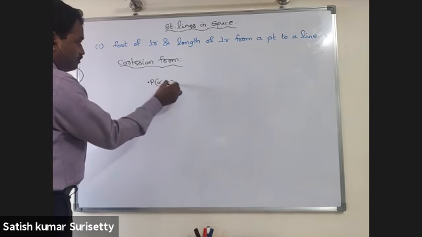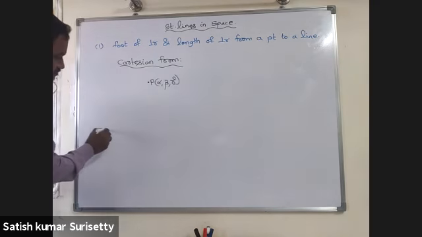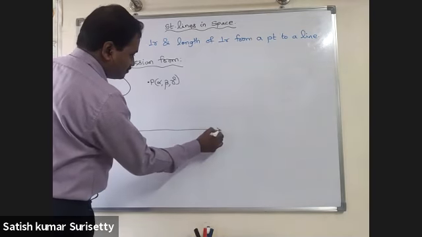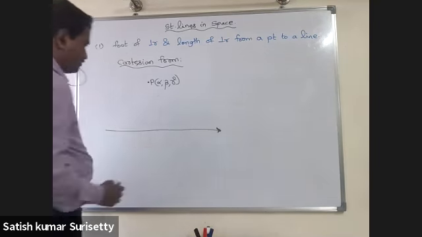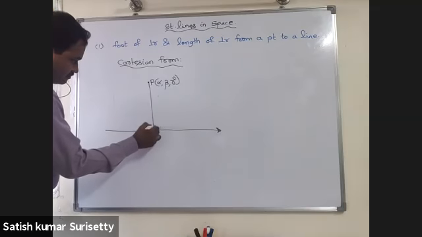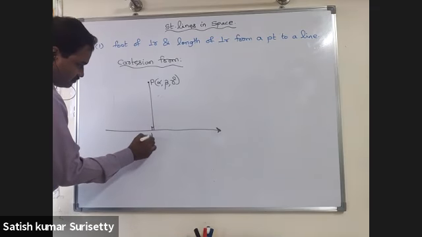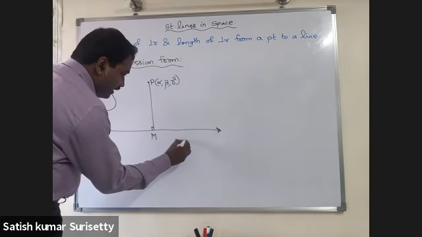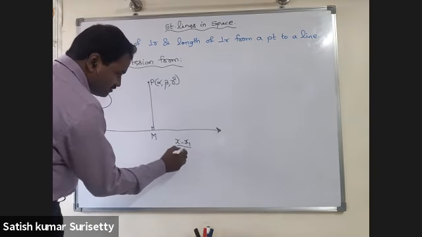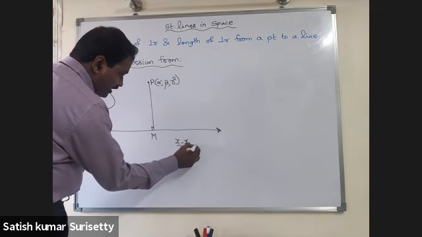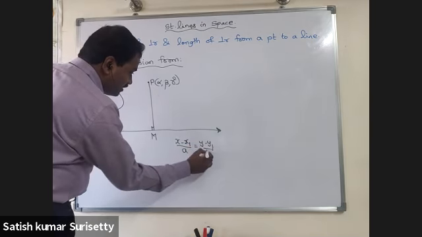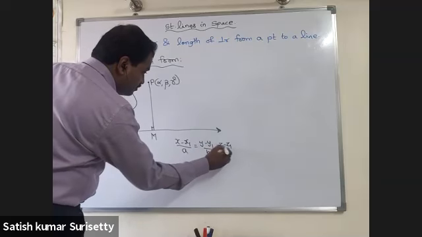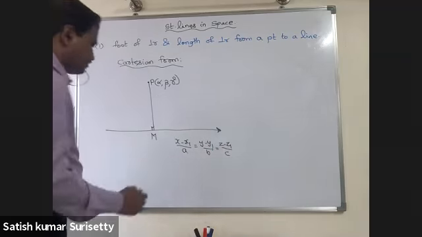Let us take a point P(alpha, beta, gamma) as a given point, and the given line as (x minus x1) upon A equal to (y minus y1) upon B equal to (z minus z1) upon C.